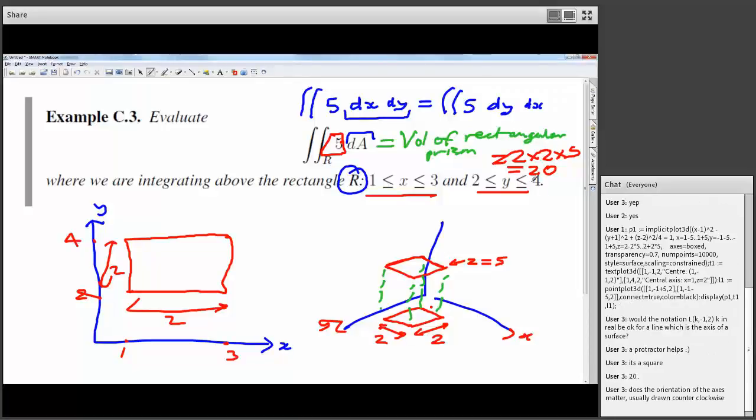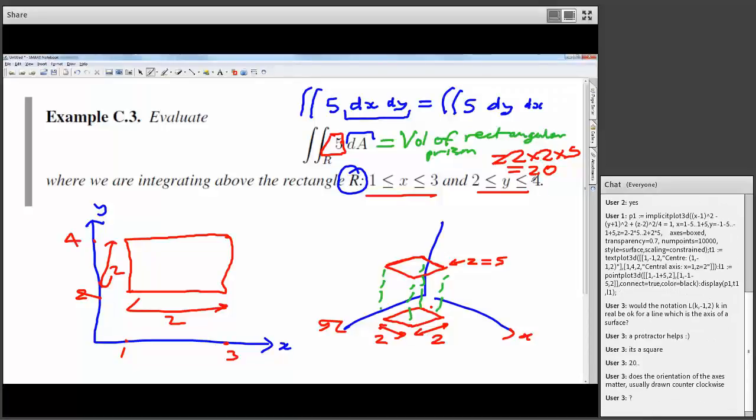So, the question is, does the orientation matter? The way you're supposed to draw axes, like I've got here, is you're supposed to use the right-hand rule, which I've drawn incorrectly actually, which is what you are asking.